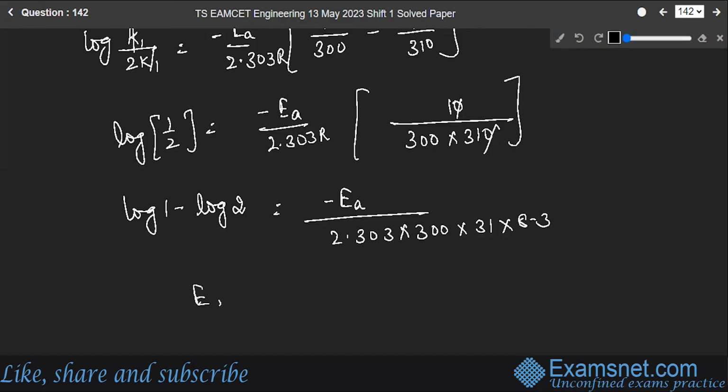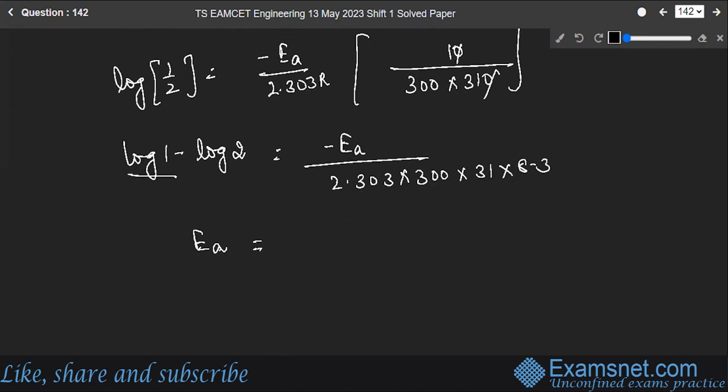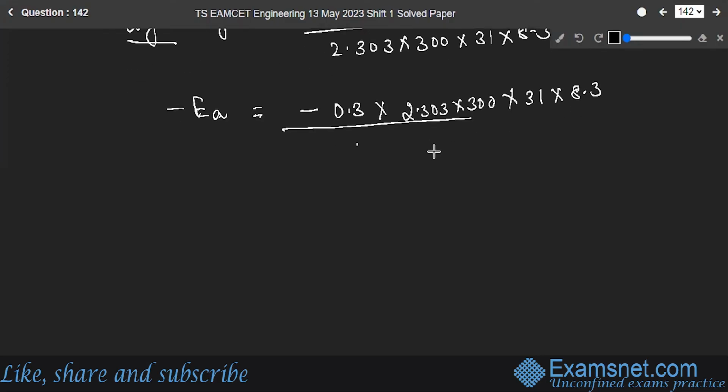So you have EA, with log 1 being 0 and log 2 being 0.3, equal to minus 0.3 divided by this, multiplied by 310 into 8.3. Minus minus will cancel, and I'm solving this whole thing.